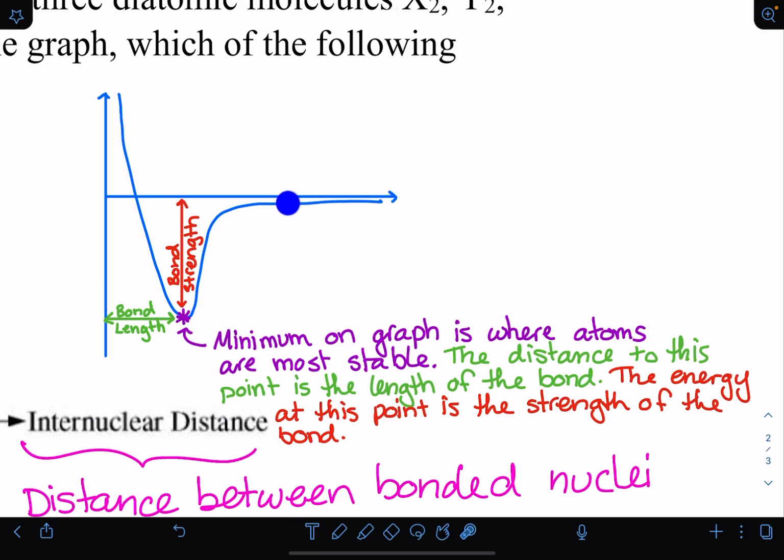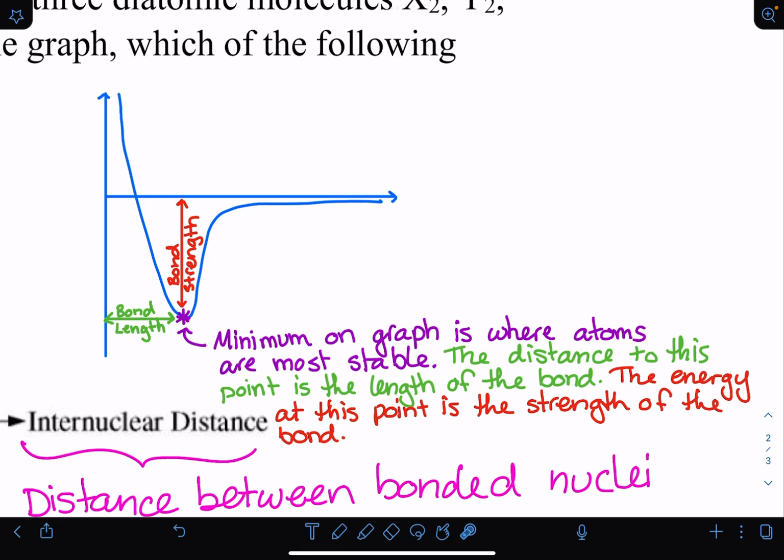But as you move them closer and closer together, the energy starts to drop because those two atoms are attracted to one another if they're going to form a bond. As they get more and more attracted to one another, you get down to this minimum point, which is the most stable state.